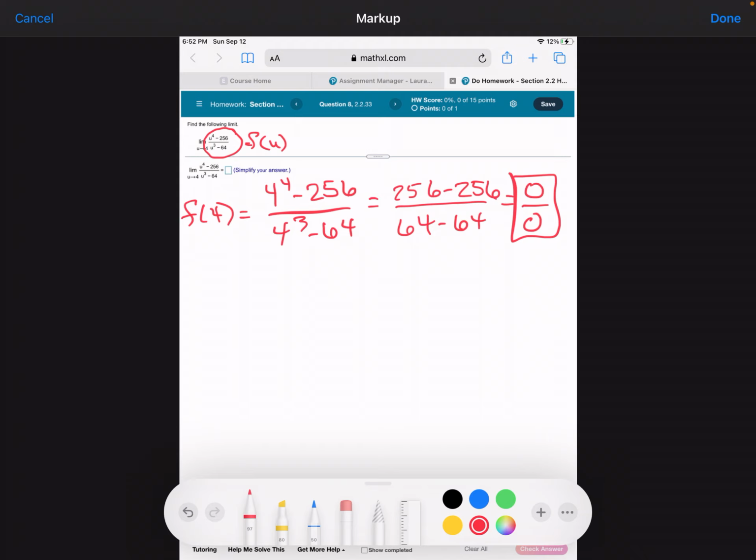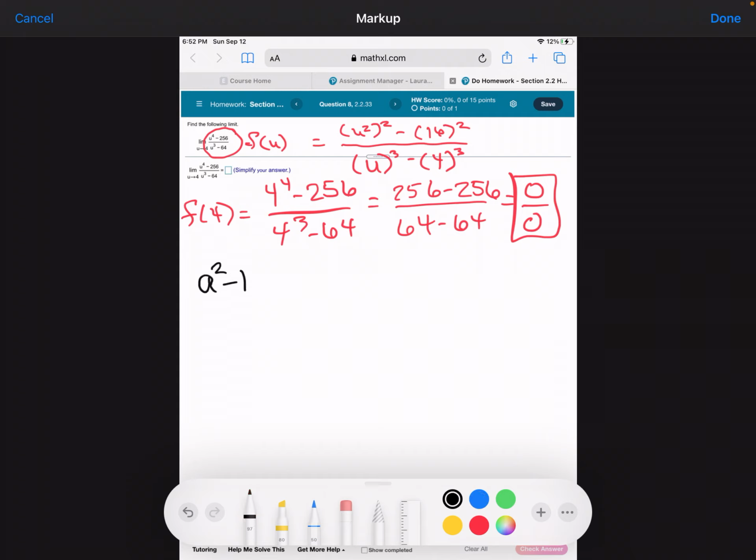The top is a difference of squares. You can think of that as u squared squared minus 16 squared. On the bottom, we actually have a difference of cubes: u to the third minus 4 to the third. Differences of squares and differences of cubes both factor. Let me remind you of those formulas real quick.